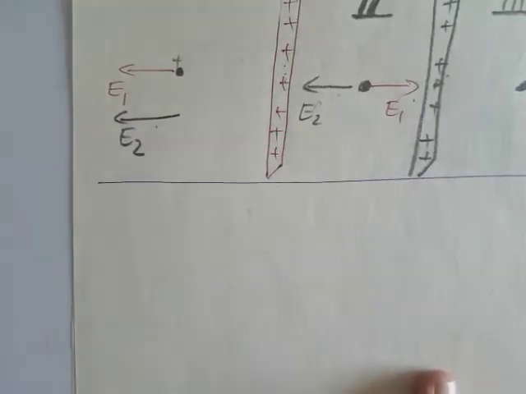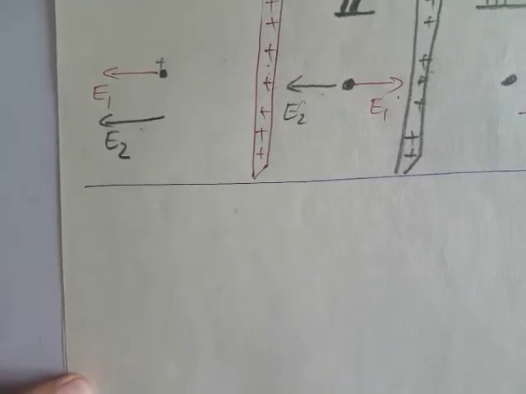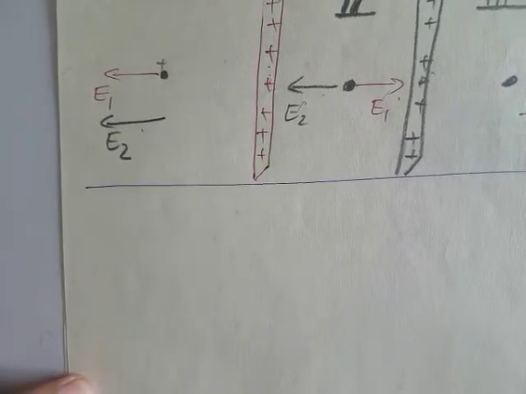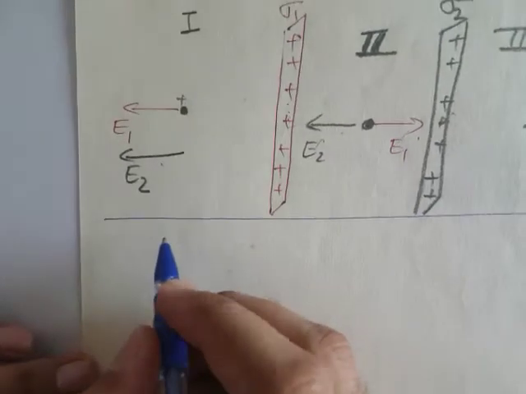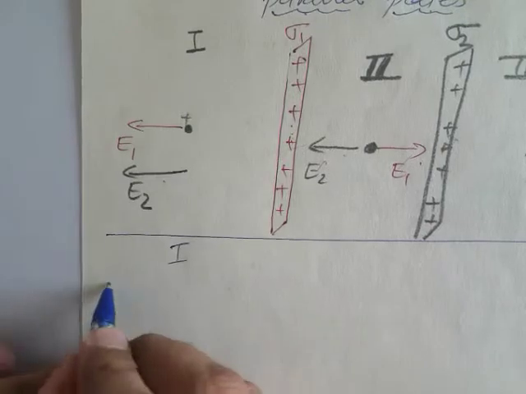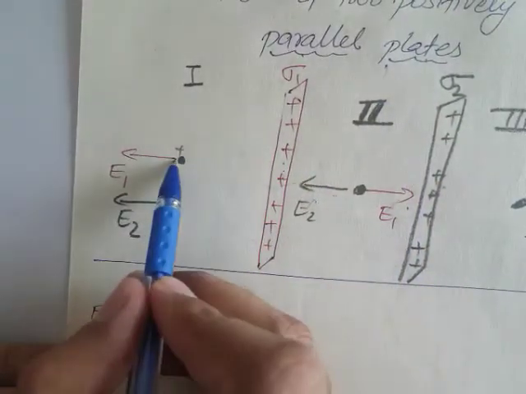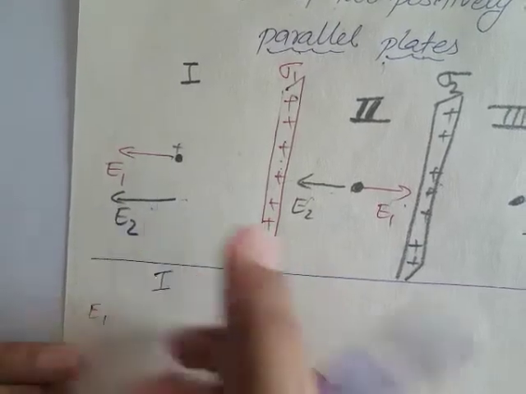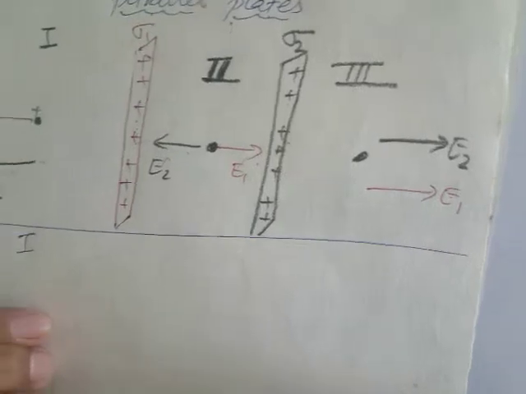So how can we decide, or how can we think in those terms? If we consider the electric field in region 1, and we draw an imaginary line, if the arrow is in the opposite direction, it is considered negative. If it is in the positive x direction, it is considered positive.